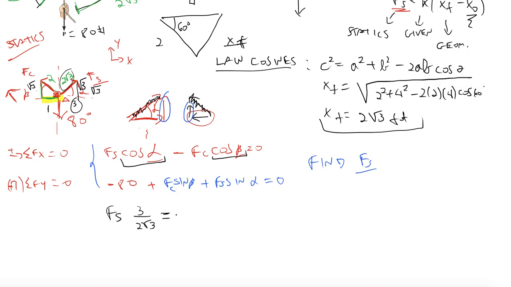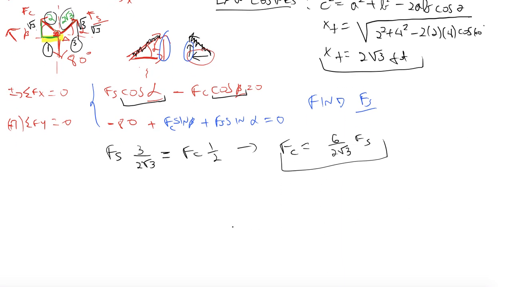Fc cosine beta is going to be adjacent over hypotenuse, 1 over 2, right? And then I'm going to conveniently solve for Fc in terms of Fs. You'll see why in a second. And once I do that, I'm done with this part.